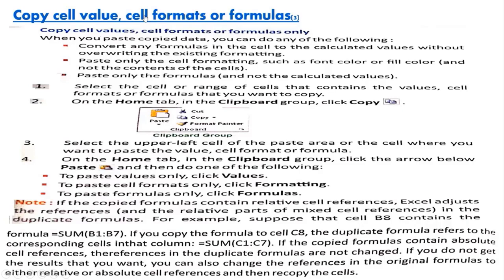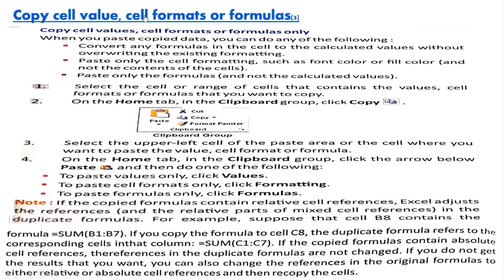Now let's see the steps for how we can copy and paste the cell values, cell formats or formulas. The first step, select the cell or range of cells that contains the values, cell formats or formula.